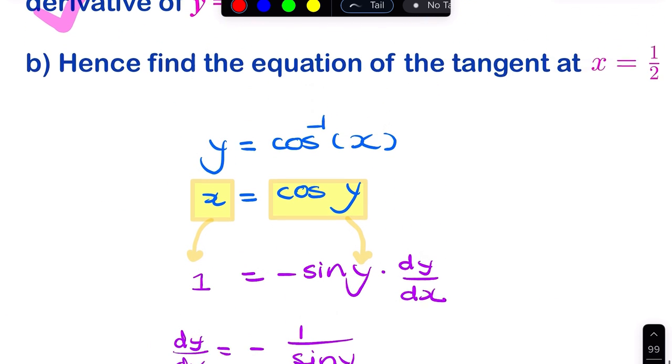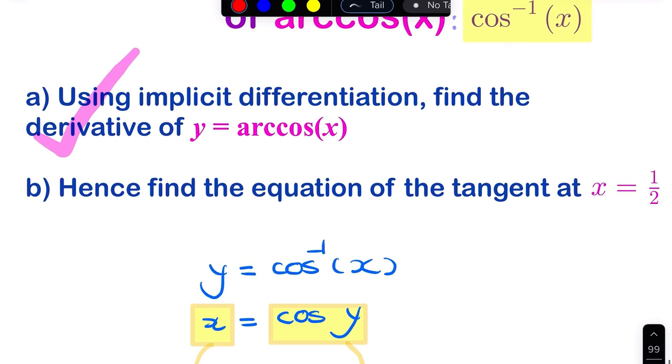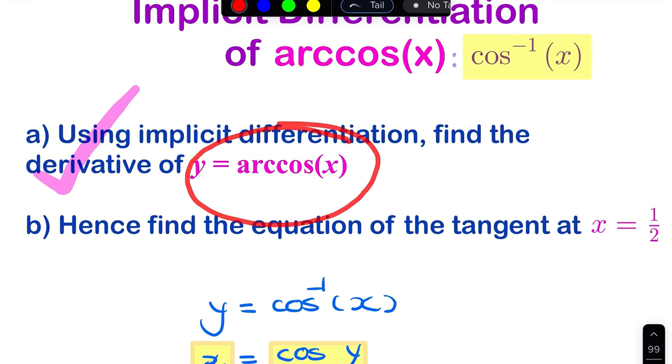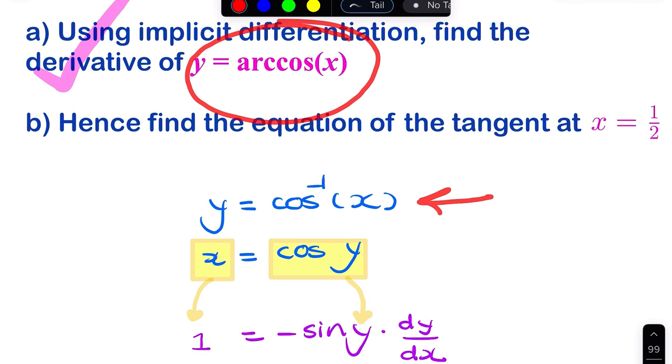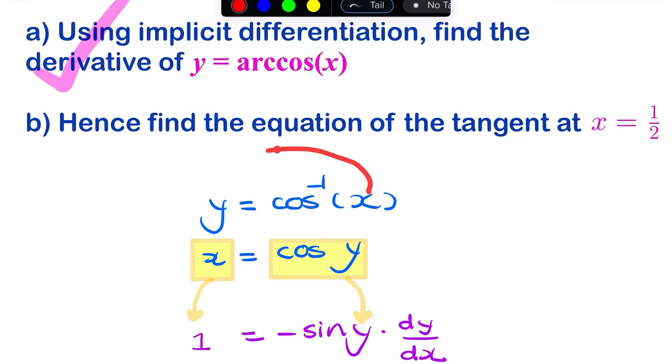So what we did was implicit differentiation, but we didn't even try to differentiate this because cosine inverse is unfamiliar to us. So I rewrote this, making x the subject. It's as if I took cosine of both sides. So I took cosine of the left-hand side to give me cosine y, and cosine of the right-hand side to give me x.